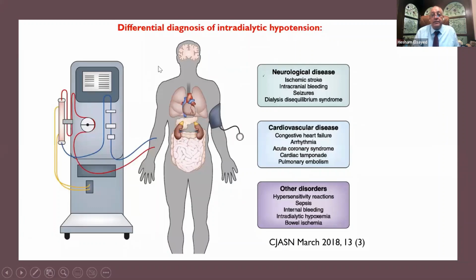Other disorders may mimic intradialytic hypotension, like hypersensitivity reactions to drugs or to the dialysis membrane. Bleeding could be a cause, especially GIT bleeding, intradialytic hypoxemia, or bowel ischemia and the release of cytokines during the start of dialysis.